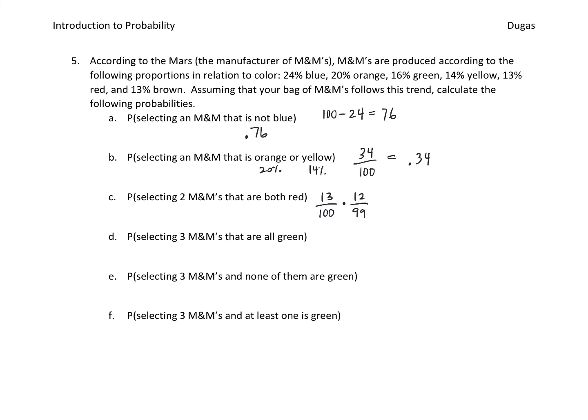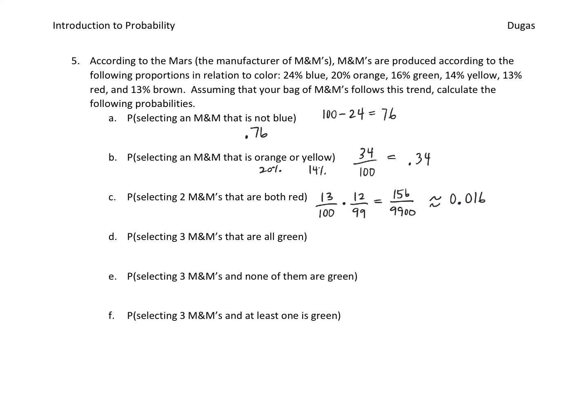So I would multiply those together. So 13 times 12 would give me 156. 100 times 99 would give me 9,900. And then I could just divide to get a decimal, 0.016.